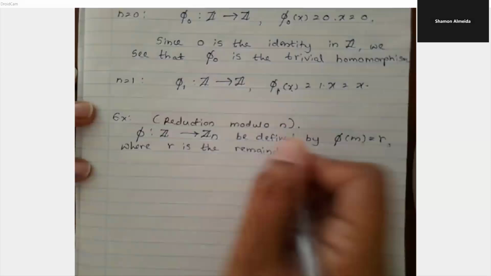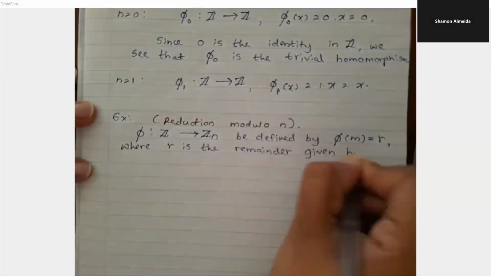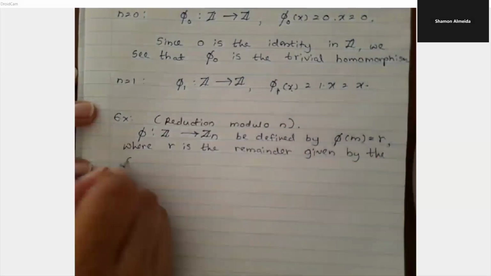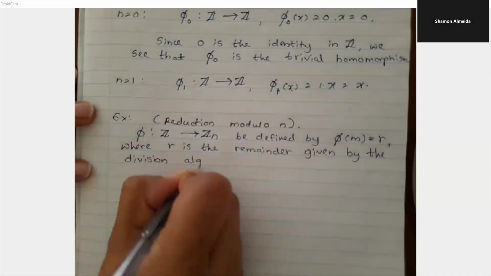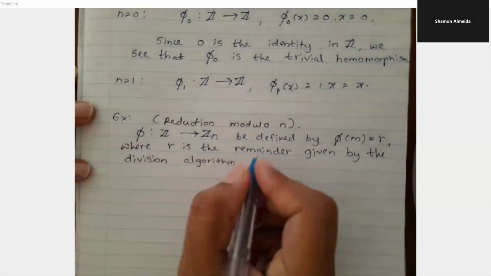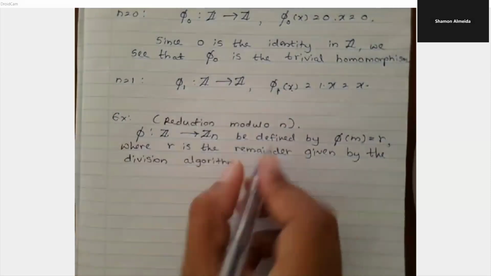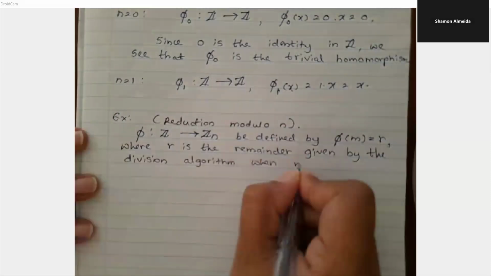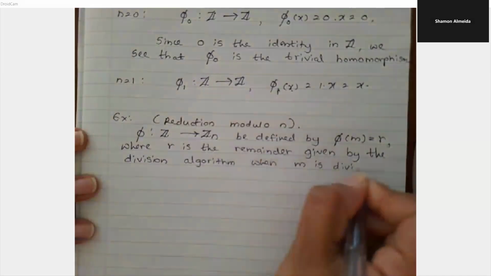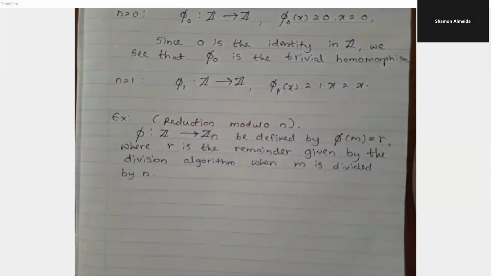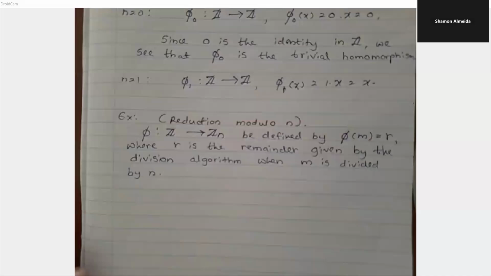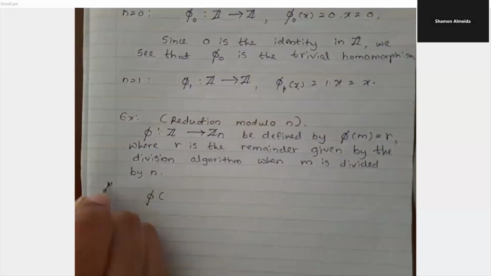Where R is the remainder given by the division algorithm when m is divided by n. So for example, we have to consider a specific n here.